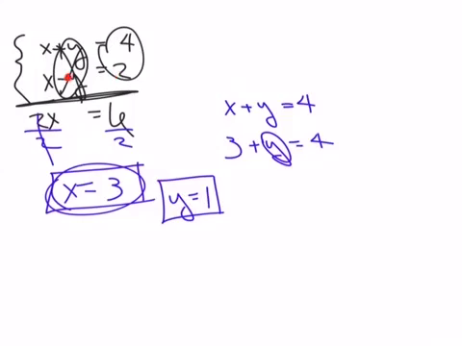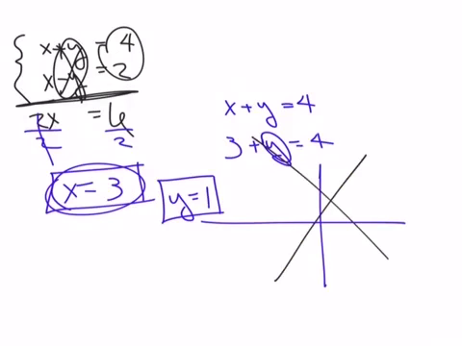If I put 3 minus 1 here, I get 2. Makes both of these true. So that's what we're finding out here. What two numbers are going to make each of these equations true, and when I graph those two equations, I'm going to get a point where they cross at 3, 1. Okay, so that's what we just found out.